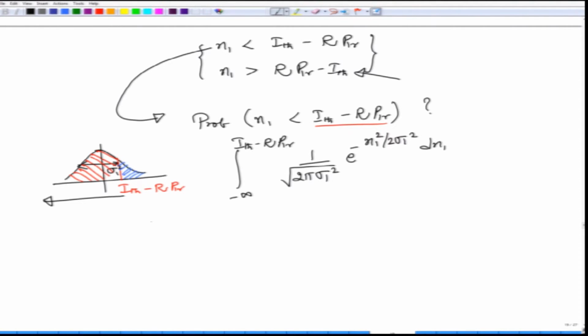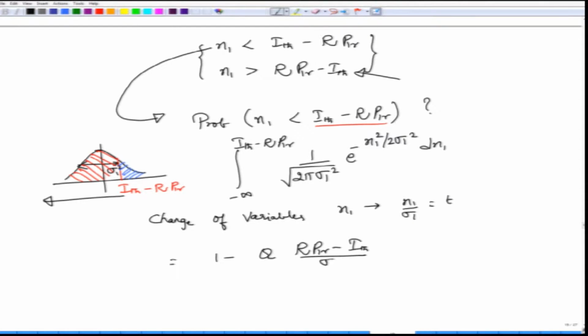You can do a change of variables over here. I will just introduce you to that one and I will leave this as an exercise to you. So, change of variables from n1 to n1 by sigma 1, define it as t, and then change the limits appropriately, change the integration variable appropriately. You do all this simplification and you will see that this is simply 1 minus Q of (R P1R minus I_TH) divided by sigma 1.